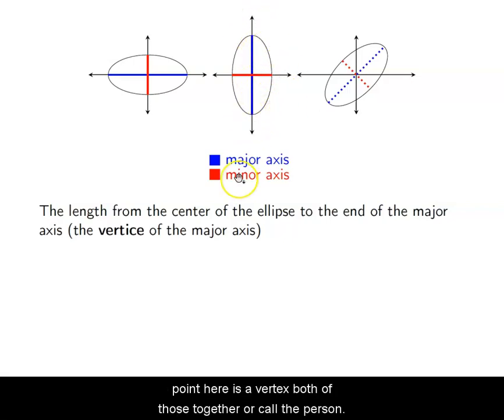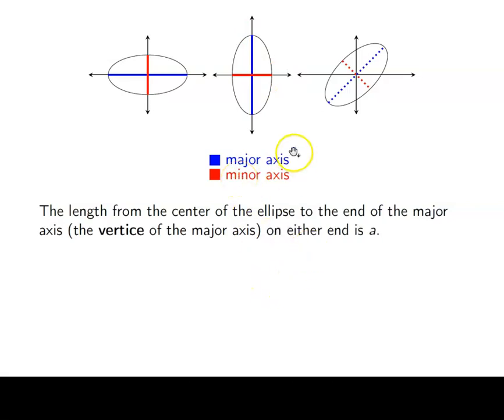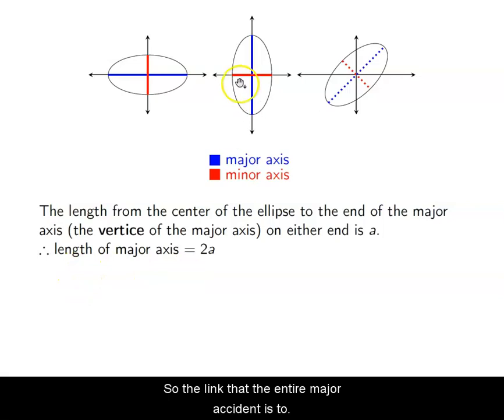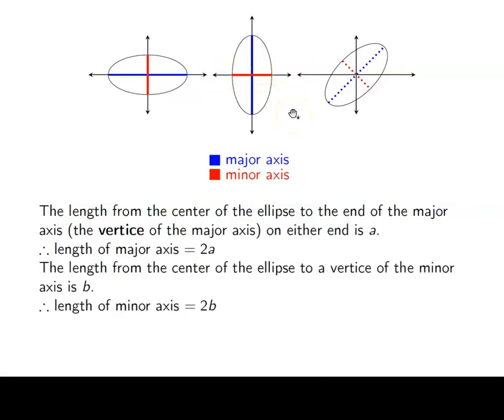Both of those together are called the vertices, right? So we say that the distance from the center to one of the ends is a distance of A for the major. Okay, so the length of the entire major axis then is 2A. For the minor axis, we say the distance from the center to the end is B, which means that we have 2B is the length of the minor axis.